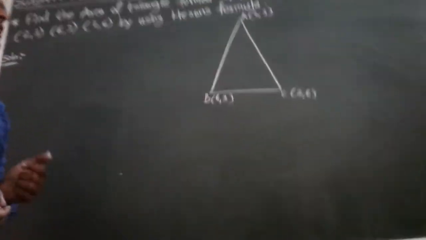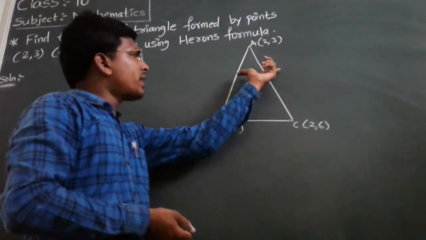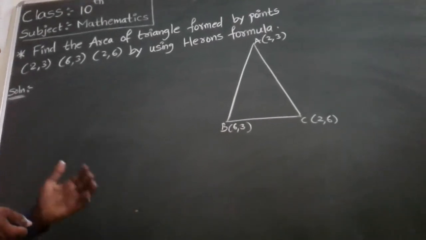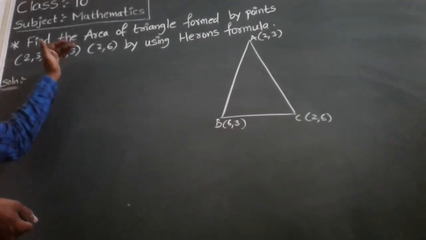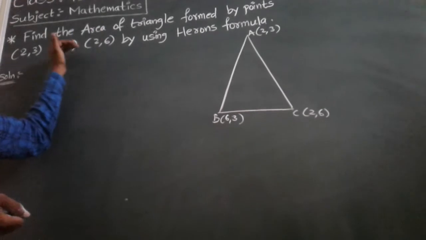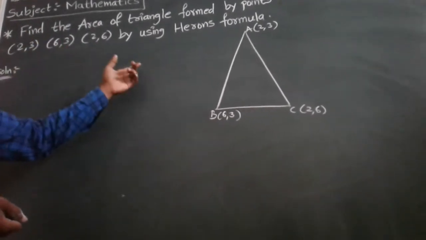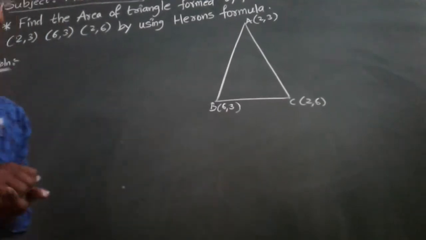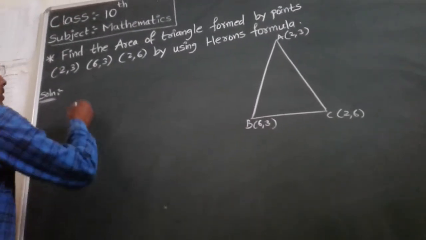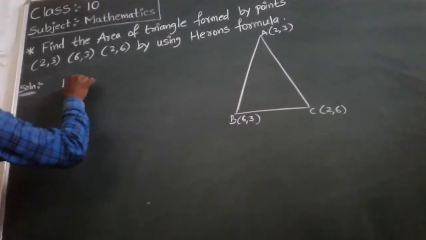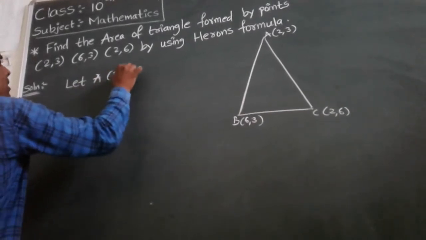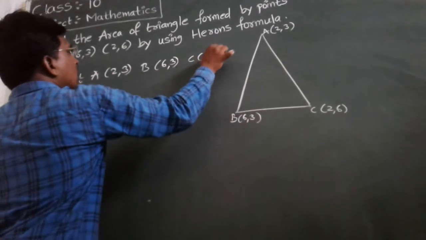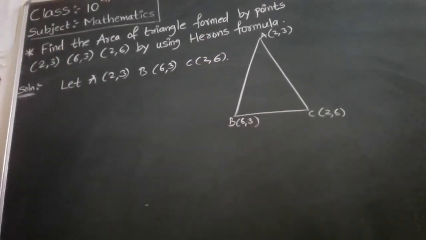Till now, if the sides of a triangle were given, we could apply Heron's formula. But when the three points are given, how do we use it? First write: let A (2, 3), B (6, 3) and C (2, 6).